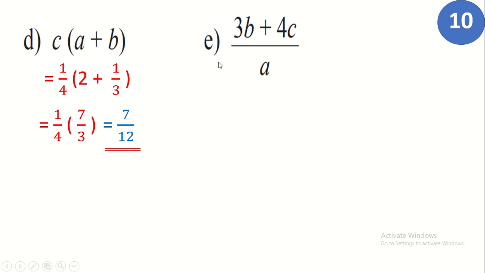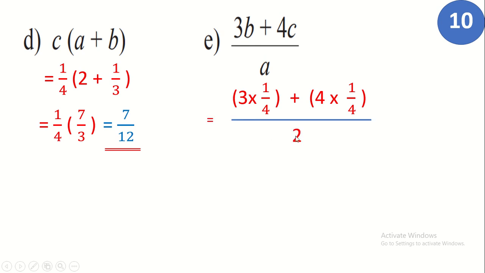Now, let's move to letter E. Letter E is 3B plus 4C over A. Now you have 3 times 1/4 for 3B plus 4 times 1/4 for 4C, and then divided by 2.